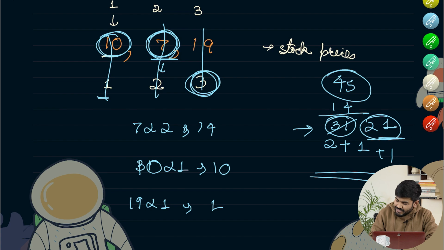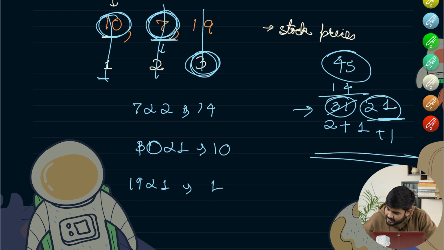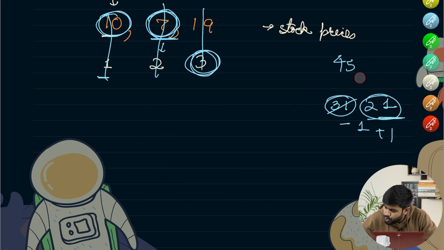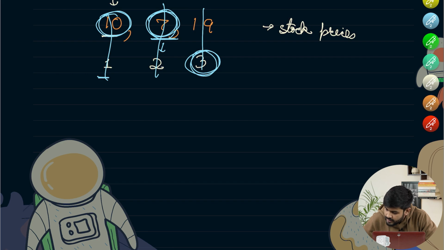So if you observe, what is the idea coming into the picture? We took hold of the minimum, then we used it. Then we took hold of the second minimum and then we used it.